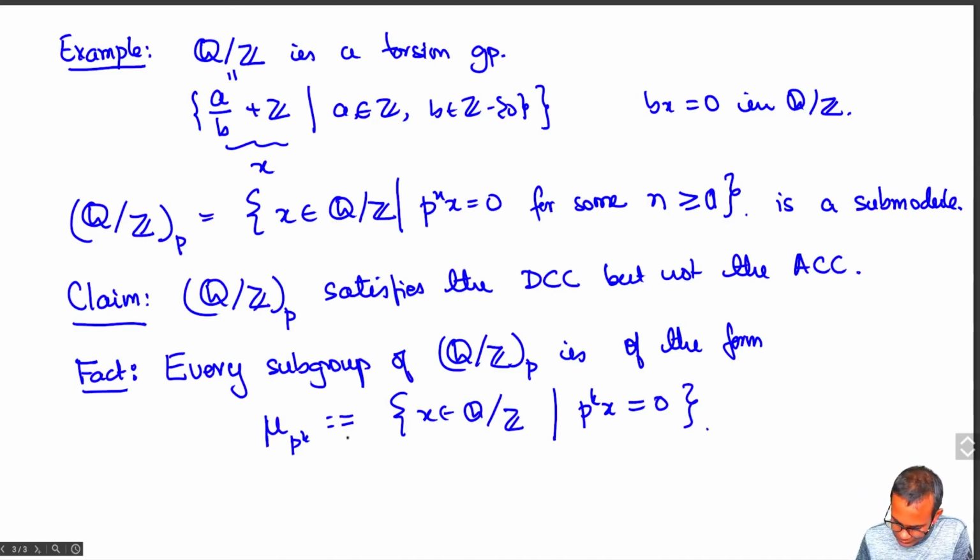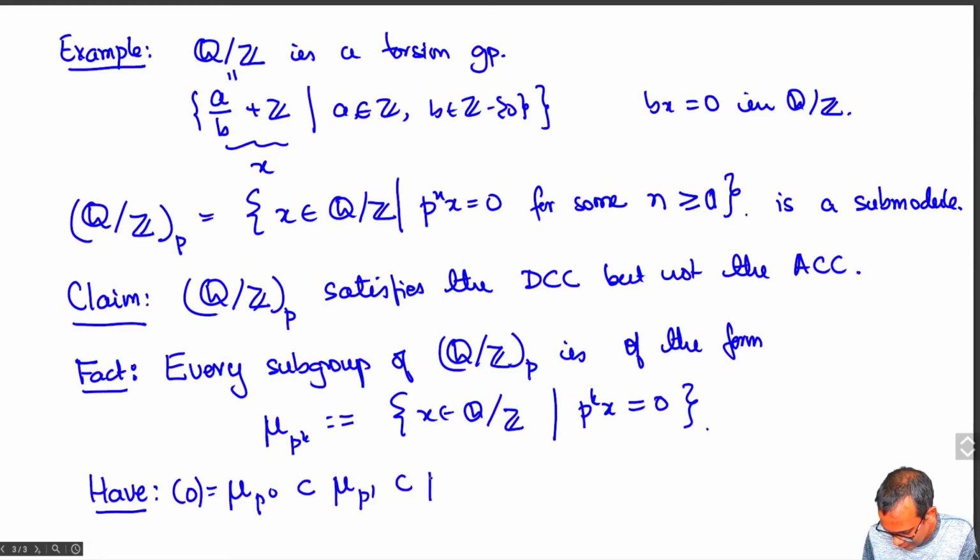And so these subgroups themselves form a chain. So we have mu p to the 0, which is just the subgroup consisting of 0 alone, you're saying x is equal to 0. Then this contains mu p^1, this contains mu p^2, and so on.